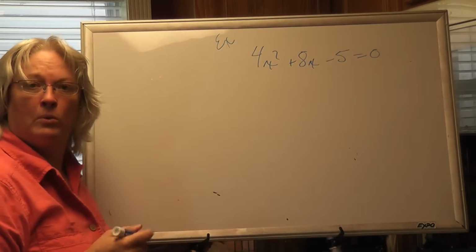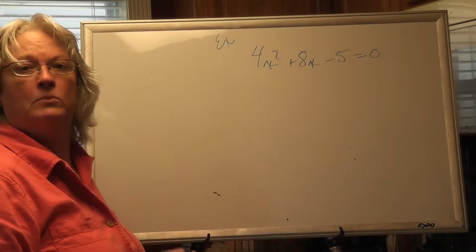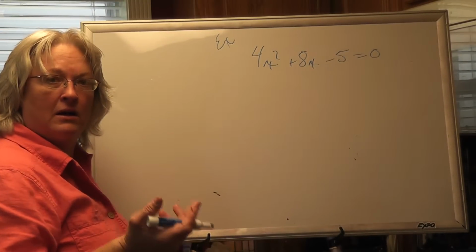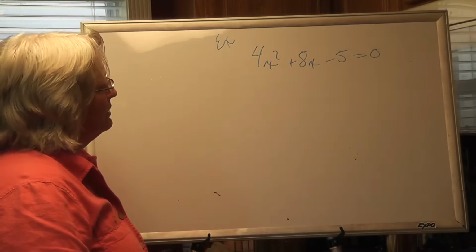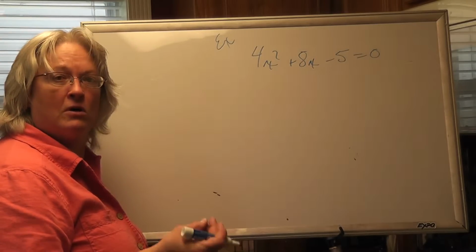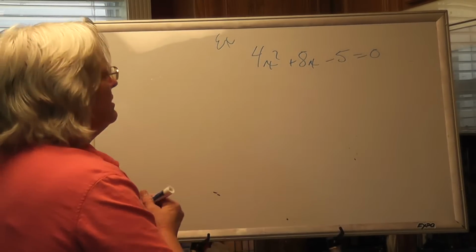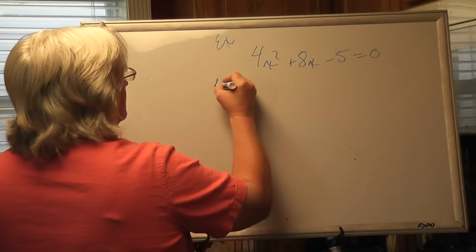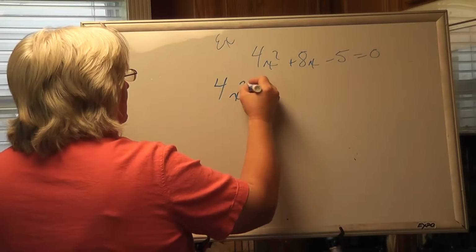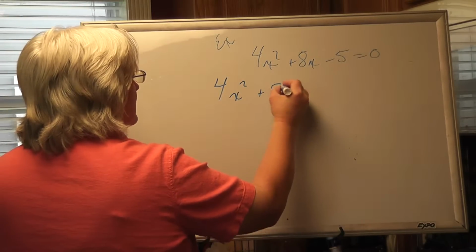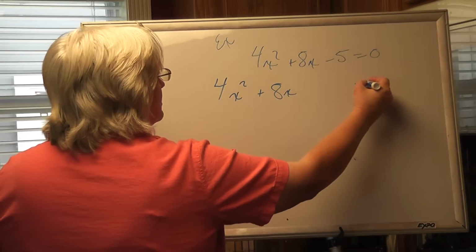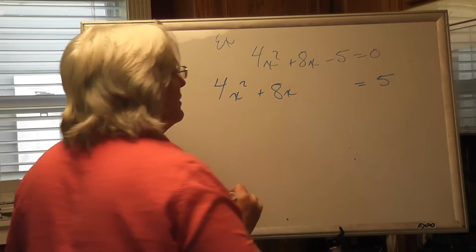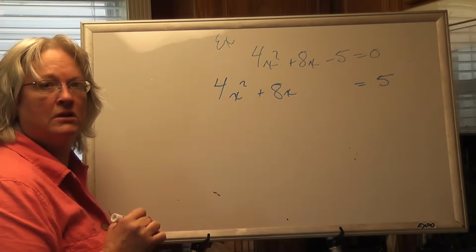This is example number 1 of section 11.5 in your Bob Jones University Press, Algebra 1 2nd edition book. And what you've learned so far about completing the square is that you need to have the variables on the left-hand side of the equation and your constant term on the right-hand side of the equation.